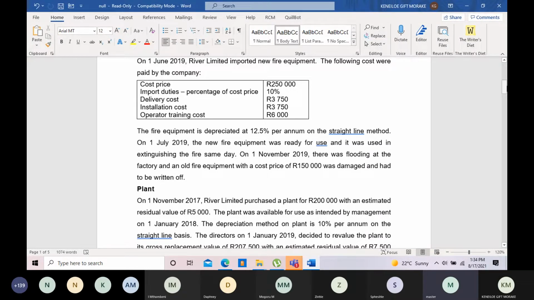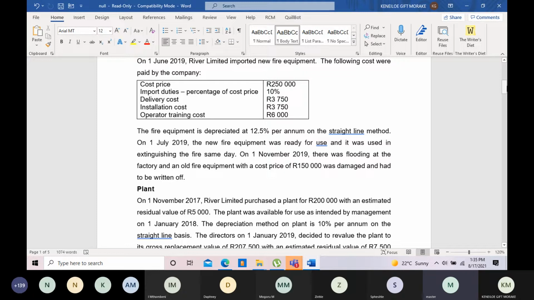To determine the useful life of an asset, the number of years for it to remain useful, you say 100 divided by 12.5%.